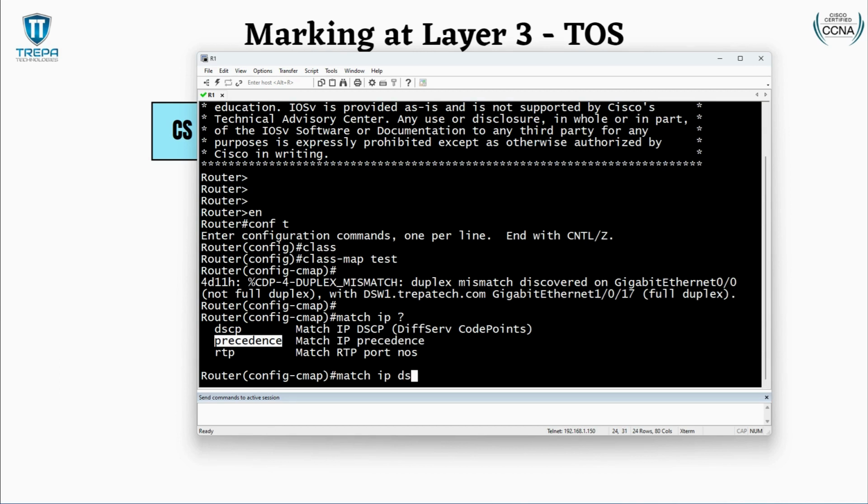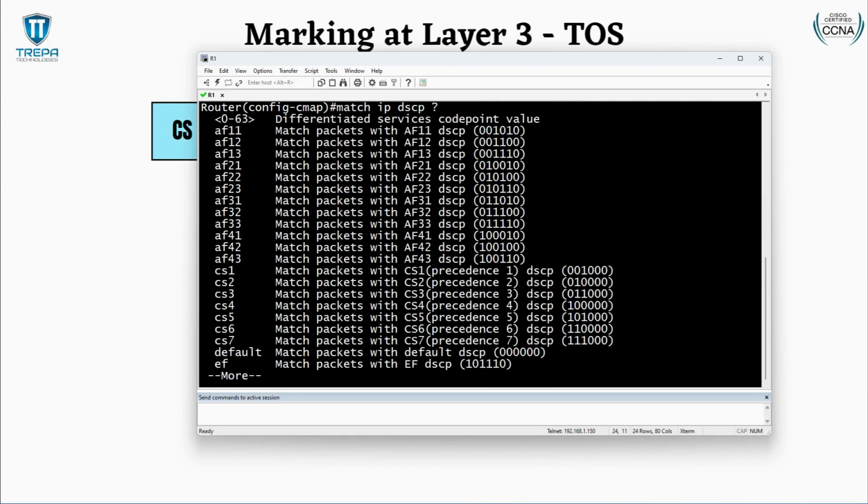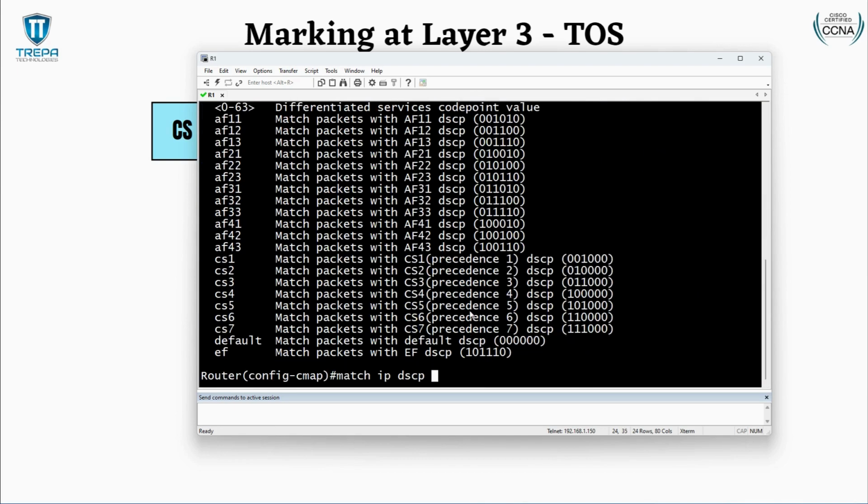Now you may be wondering, what if we have a scenario like this where this router understands DSCP and this router just understands IP precedence? Well, then what? You're going to notice something when we get into the binary values.